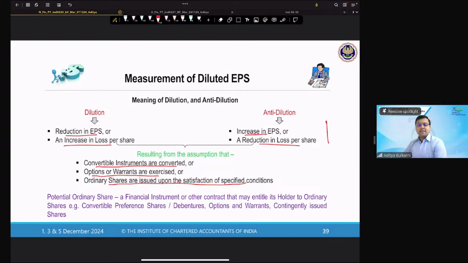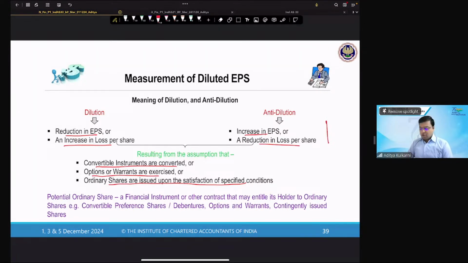All these are present in your capital structure, which is why in the future the number of shares can increase, and by virtue of that increase you end up with a change in the EPS. That is known as your diluted EPS. It is dilutive if the EPS is lower than the basic EPS that we compute. It is anti-dilutive if the future EPS is more than what I have computed in the current period.